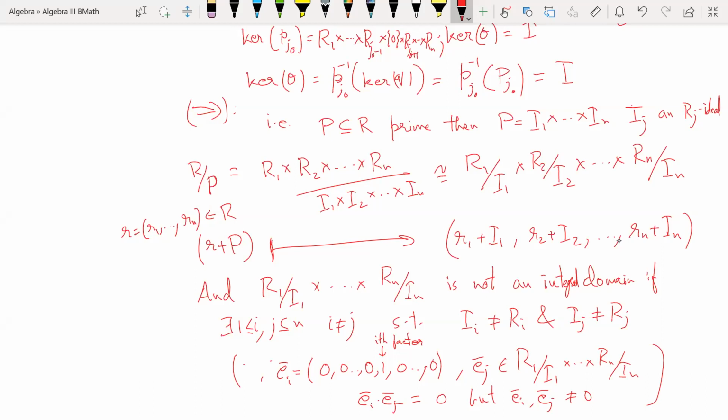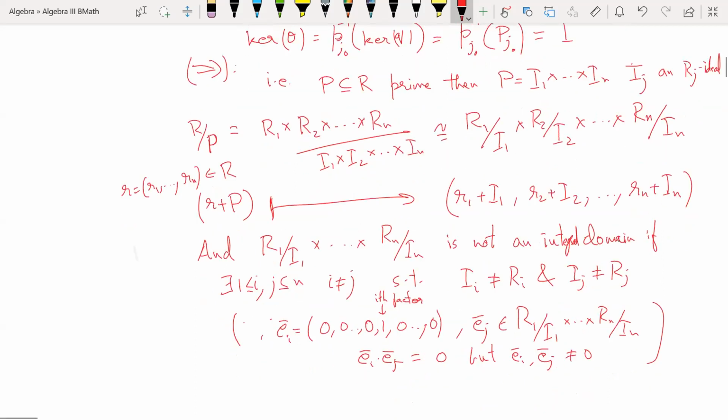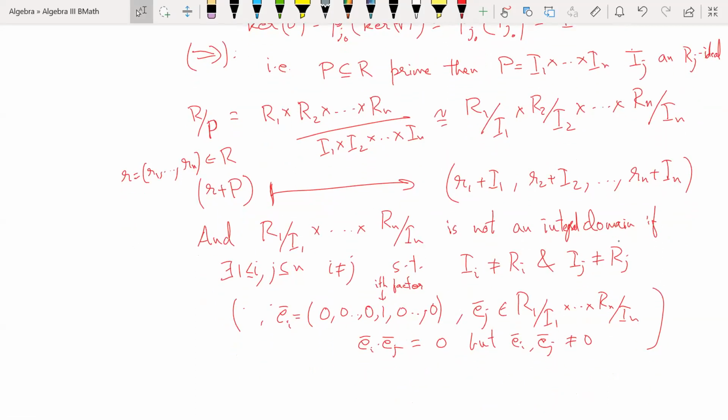Okay, so that tells you that you can't have two factors. You should have at most one factor which is different from Rj. So hence P is of the form I1.